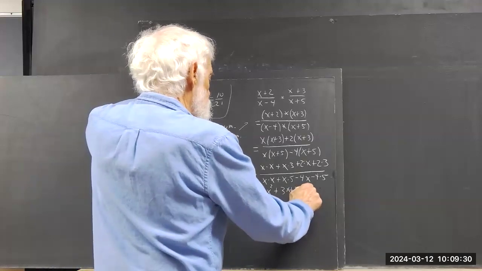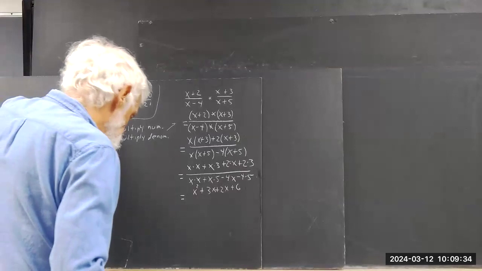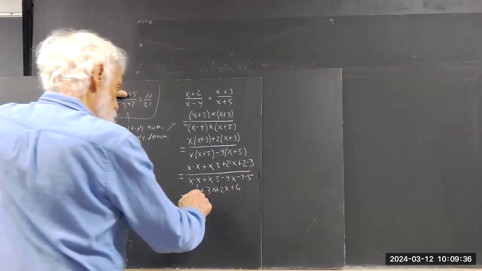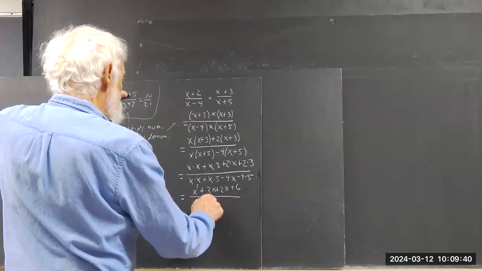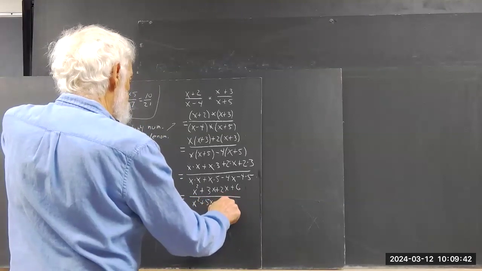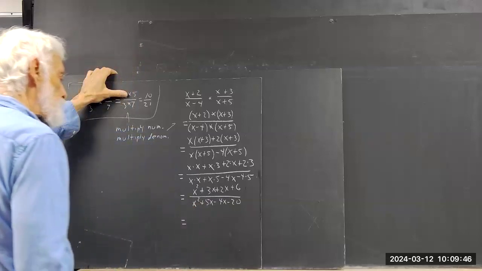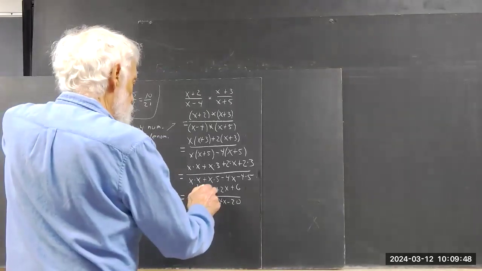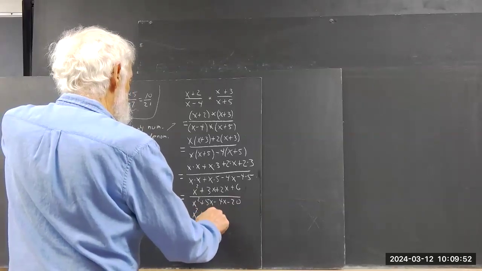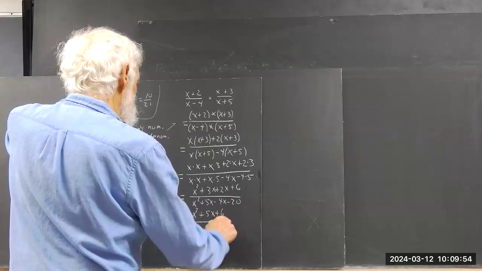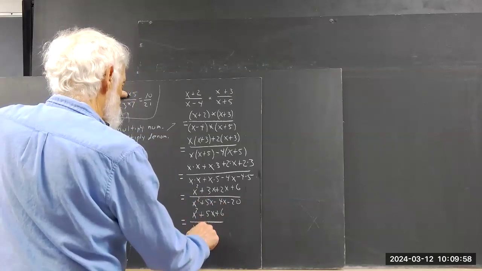And 2 times 3 is 6. The denominator is going to be x squared plus 5x minus 4x minus 20. And then the 3x and the 2x can be added, and the 5x and the minus 4x can be combined and give us that.